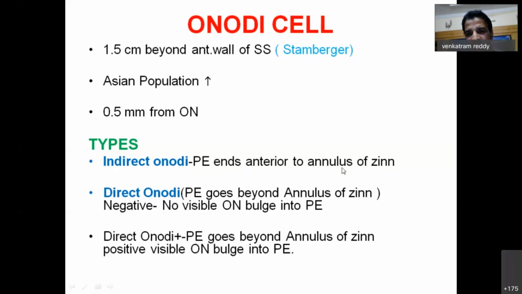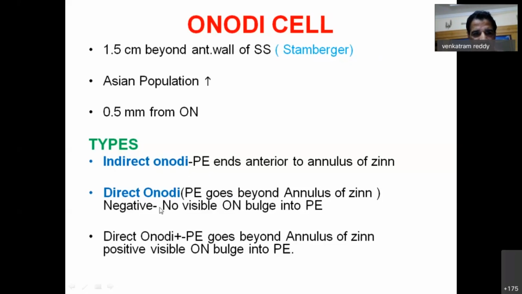You know, the annulus of Zinn is the circular ligament where the extraocular muscles get attached, and any cell which ends anterior to this annulus of Zinn is described as indirect Onodi, which is not of much surgical importance for us. A direct Onodi is one where the posterior ethmoid goes beyond the attachment of the annulus of Zinn. So going behind the annulus of Zinn is a direct Onodi.